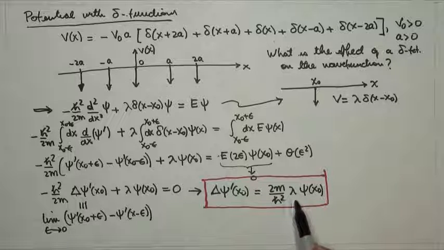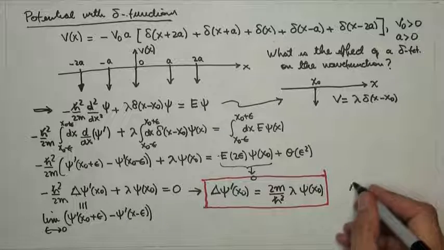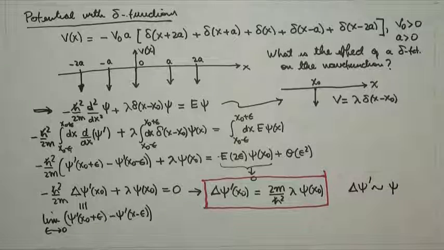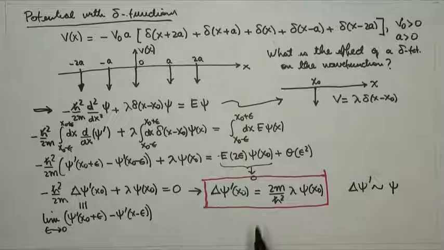So it's not a constant change of slope. It depends on the value of the wave function. The main takeaway from this is that delta psi prime is proportional to psi at the singularity. That's what this says.